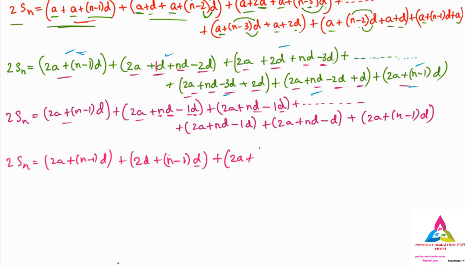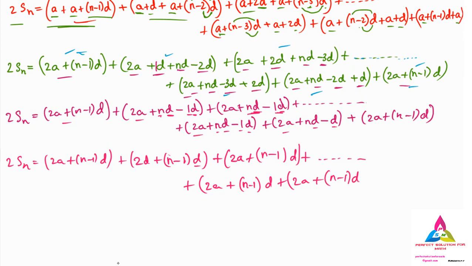have d common. So I will write d outside the bracket, the remaining is n in this, and here minus 1, plus, so on, plus, here also the same thing, 2a, here also d common, so plus d common, inside will remain n minus 1, plus again 2a, then we have d common again, remaining inside is n minus 1, and lastly the same thing I have to write.